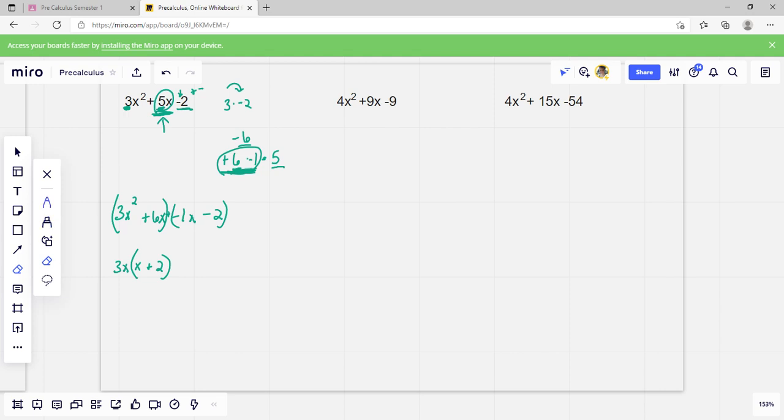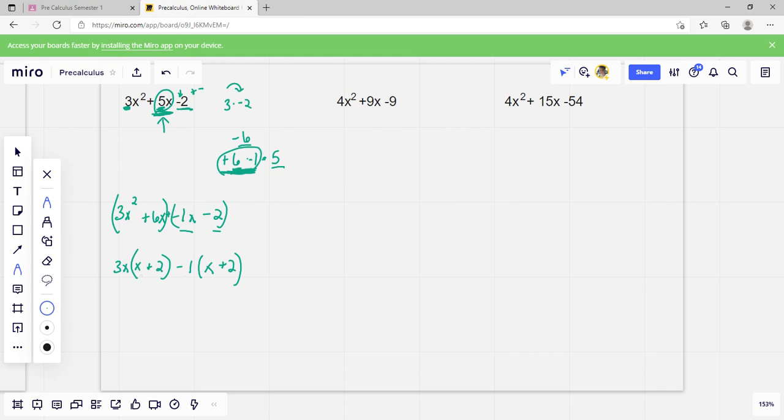Okay, and then the next one, I'm going to be able to pull out negative 1 out of that. And so for my first part, I would have an x left. And for my other part, I would have a positive 2 left. Okay, so if I multiply this times negative 1, I'm going to get negative x minus 2. If I pull out the negative 1, it's x plus 2.